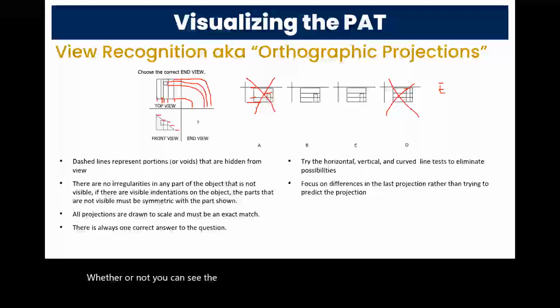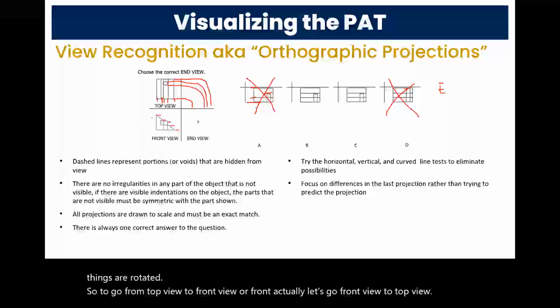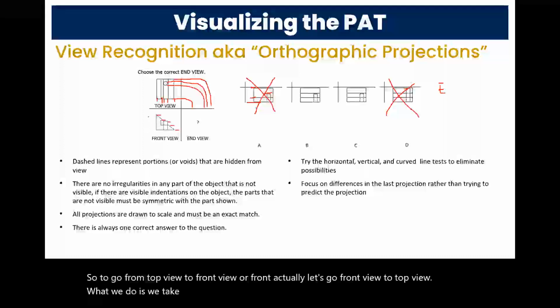So now this requires you to understand how these things are rotated. So to go from top view to front view, or actually let's go front view to top view, what we do is we take the back end of the front view and we flip it up so that we get the top view.